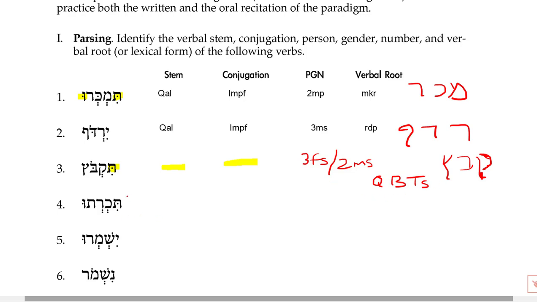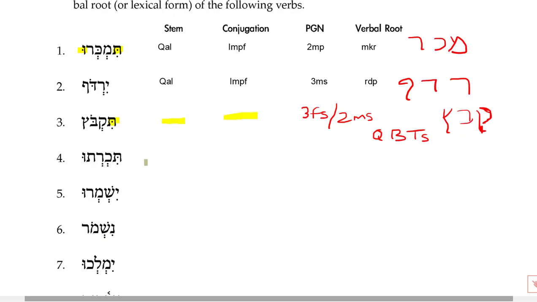All right, number 4 is going to be the same as number 1 in terms of its parsing. It'd be a different root. It'll be karat. We've got tikretu, or perhaps tikhretu. This kaf does not have a dagesh, so maybe more accurately tikhretu. It's harder to say. Here we have a tav prefix, and we also have a shureq ending.